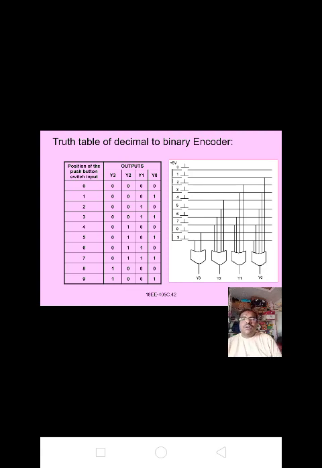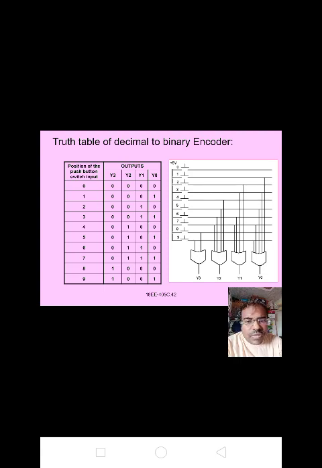Okay, completed. Now the truth table of decimal to binary encoder. Position of the push button switch input is 0, 1, 2, 3, 4, 5, 6, 7, 8, 9. Now the outputs are, for 0 it is 0, 0, 0, 0. For 1, 0, 0, 0, 1. For 2, 0, 0, 1, 0.